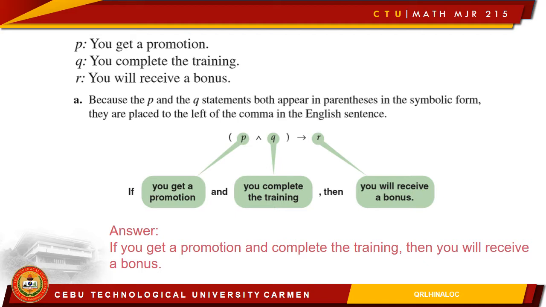For this part, we substitute the P statement, you get a promotion. And then the symbolic form of the conjunction is and, then Q is you complete the training. Implies R, you will receive a bonus. So the answer is: if you get a promotion and complete the training, then you will get a bonus.